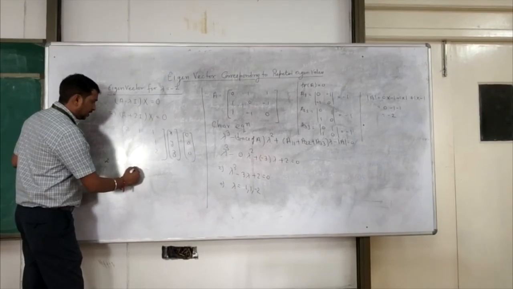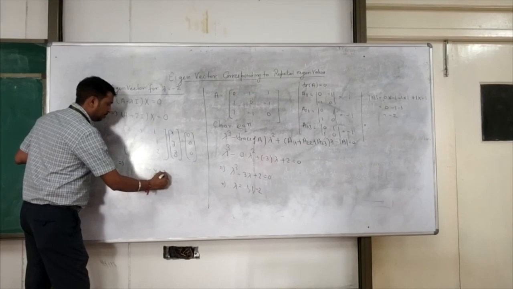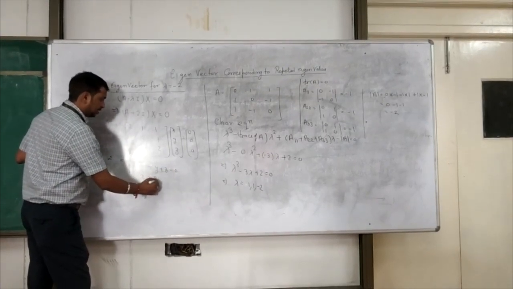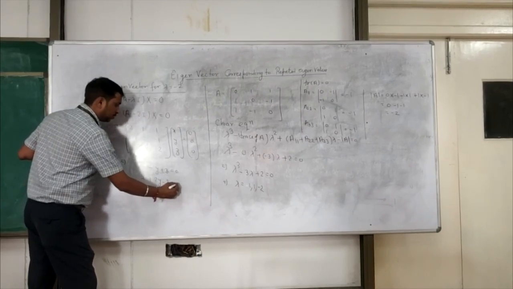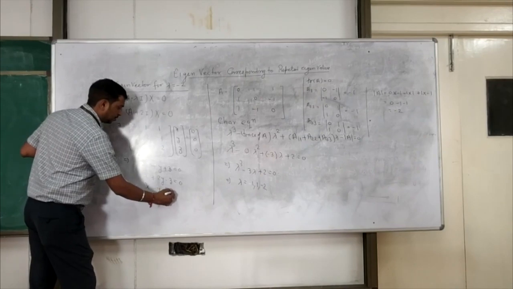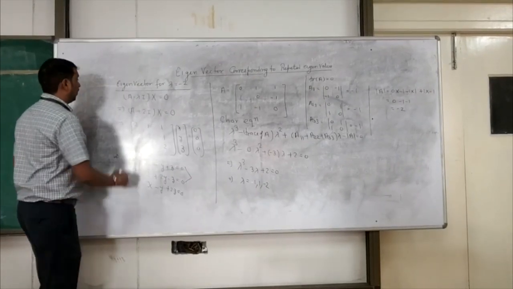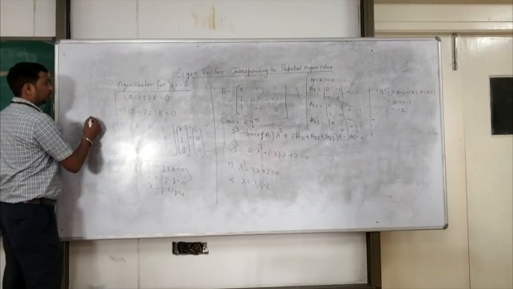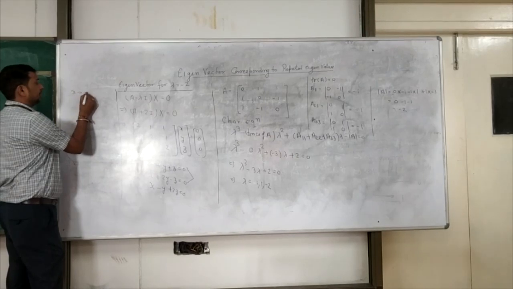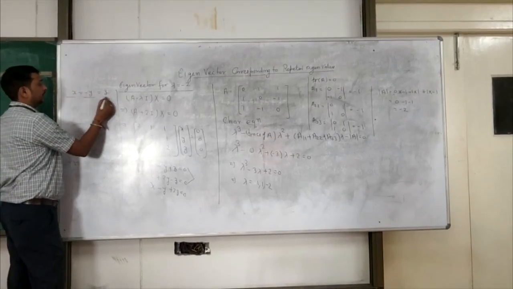The equations are 2x plus y plus z is equal to 0, x plus 2y minus z is equal to 0, x minus y. Solve these two. By which method? Cross multiplication method.